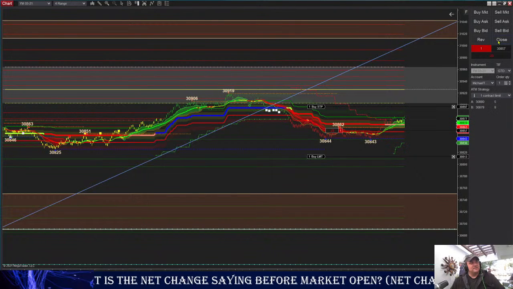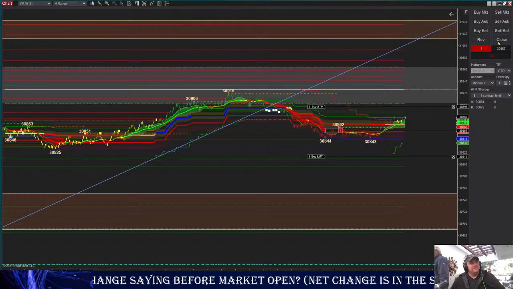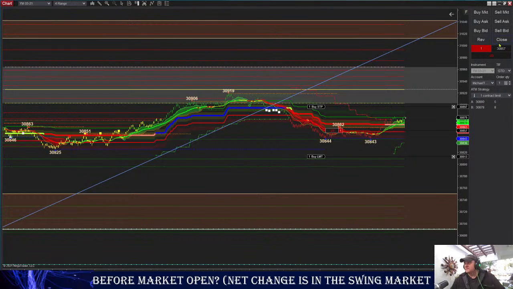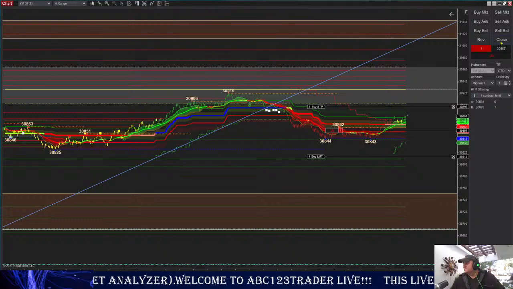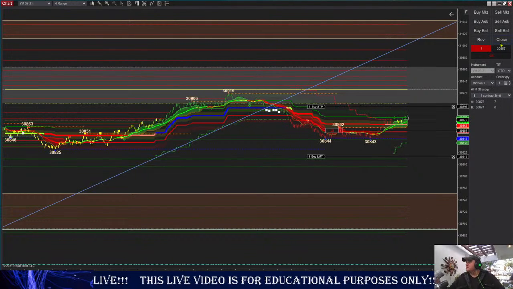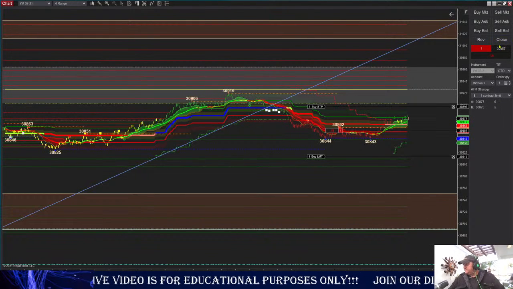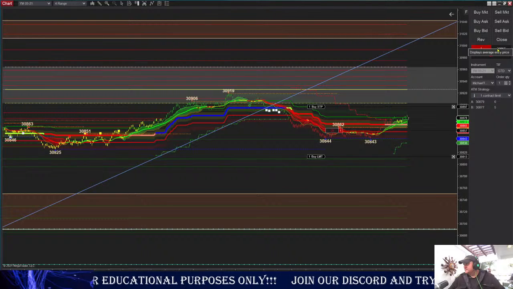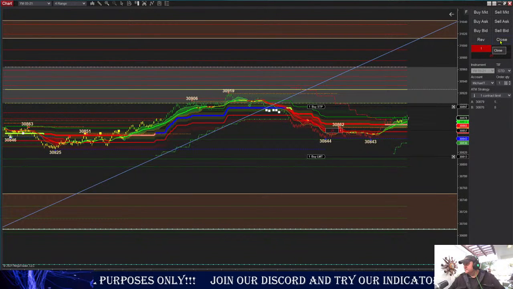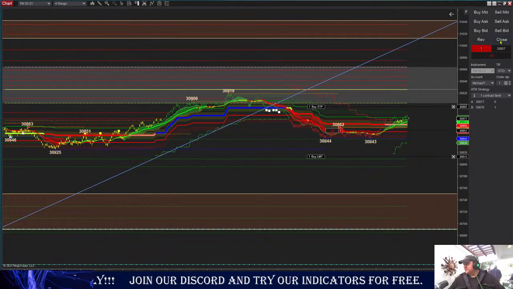We had a good sell up of the Delta, but she's still playing within that zone. Okay. We're still within that area.